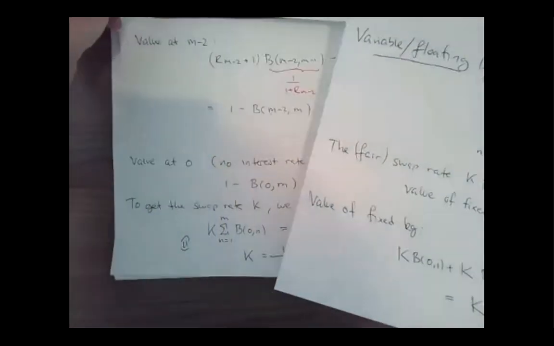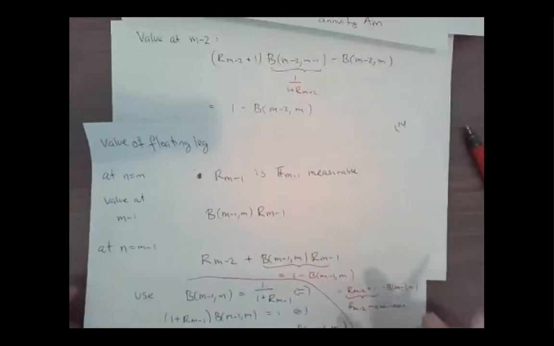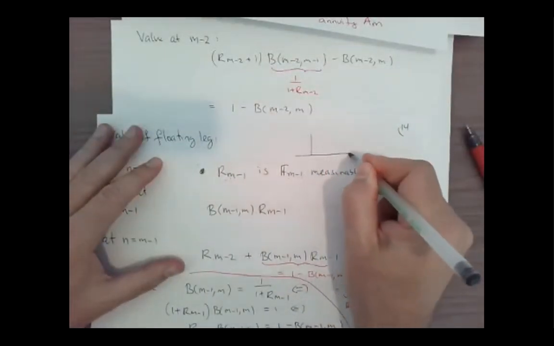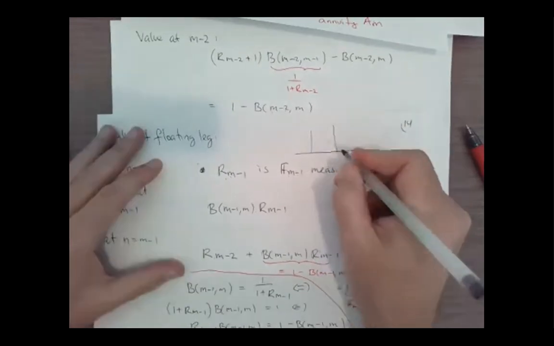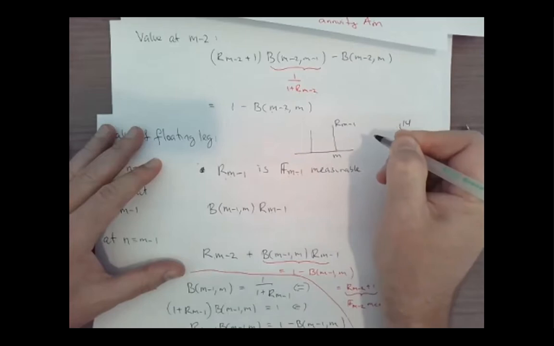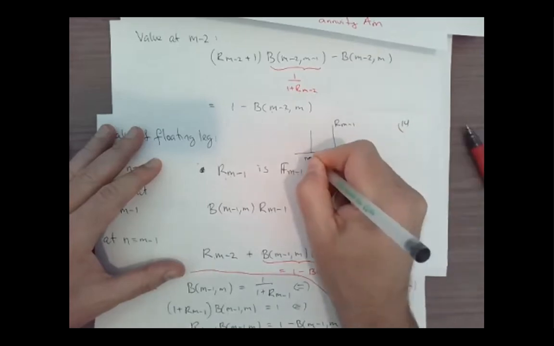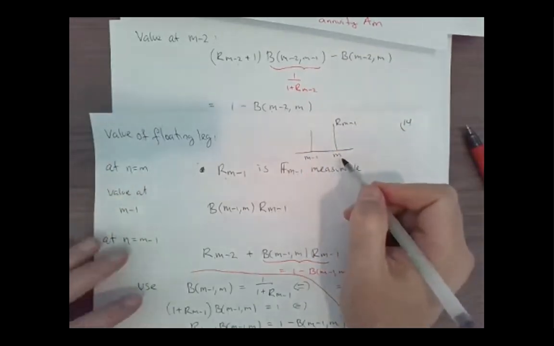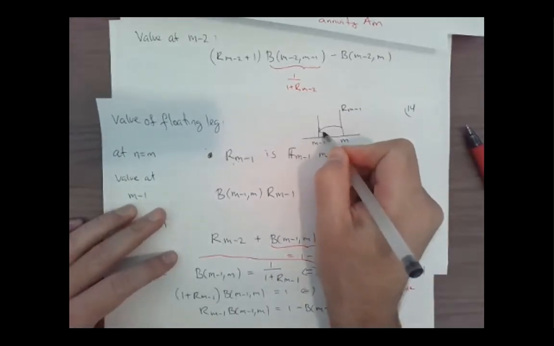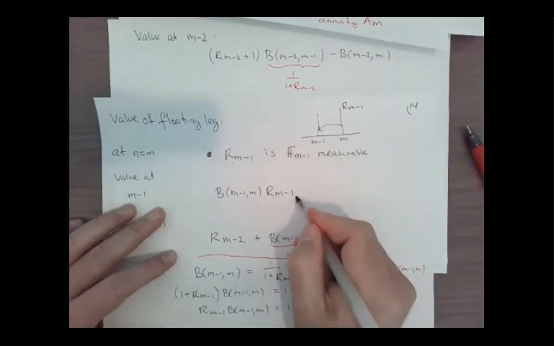So this value here, and what we're looking at here is the payment you get out of time m. This is this rm minus 1. So that's the first thing we do, right? We're going to move this payment back here. That's that guy.